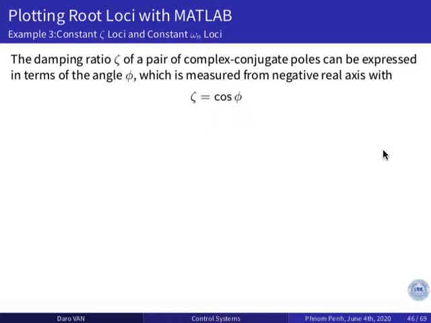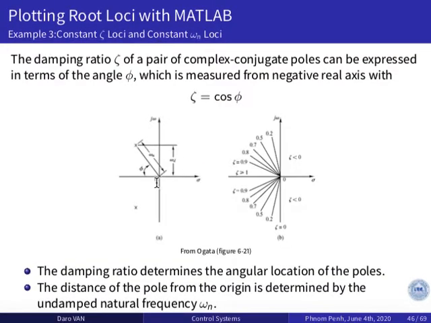And there's also the relationship between this zeta, the damping ratio of a pair of complex conjugate poles, and this angle. And the relationship is given like this.